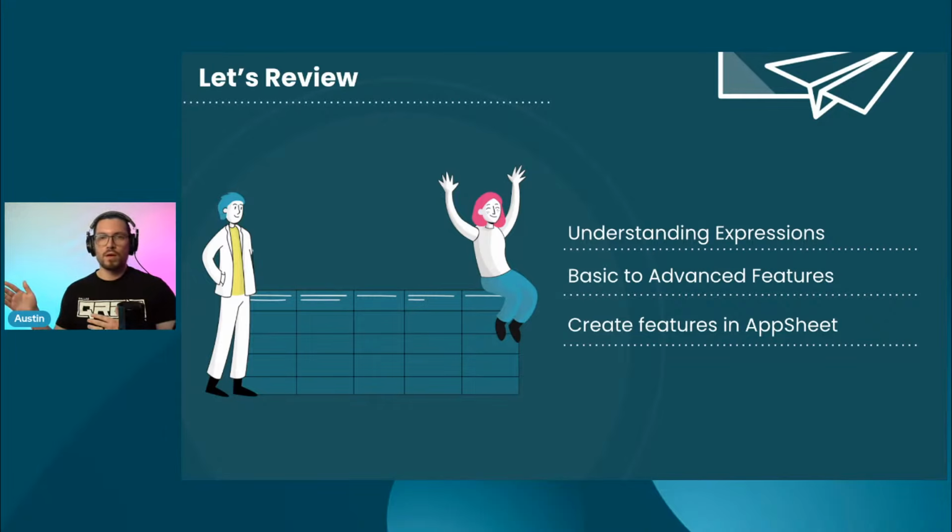And then he moved into the advanced feature of creating the in versus the contains expression, and why it's probably better to use the in expression than the contains expression. We also did some troubleshooting along the way, and then finally, we implemented those features into our employee onboarding app.